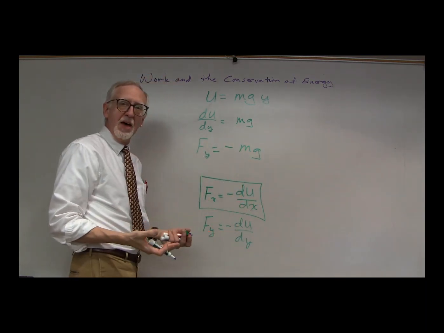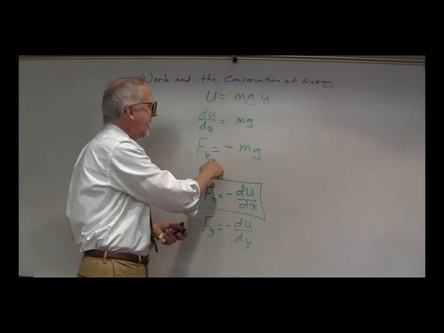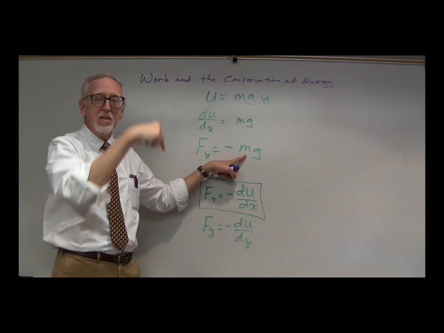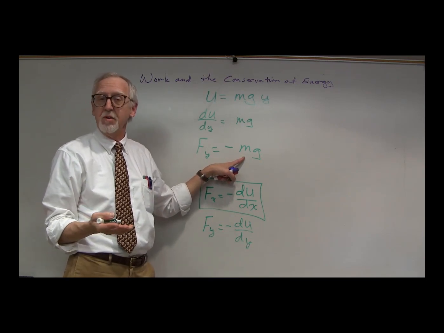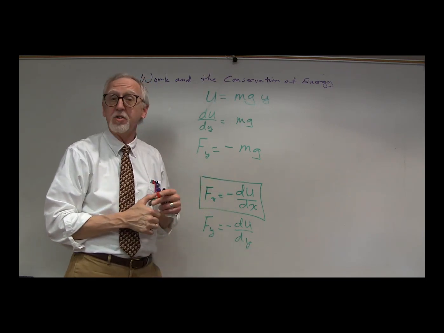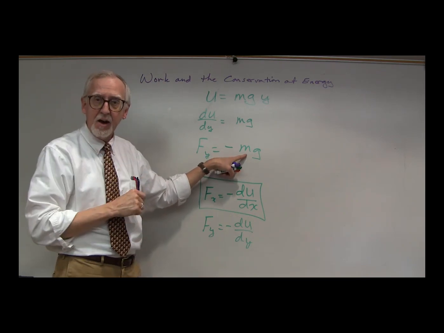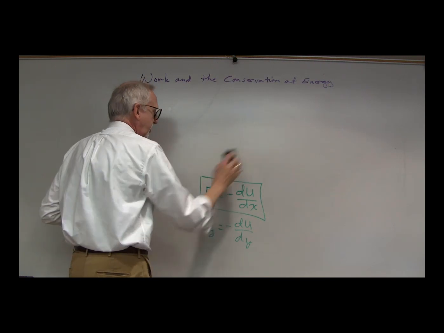Well, that is exactly right. That's just the negative of the weight, defining upward as positive, that gives us a weight in the negative direction, downward. But that's exactly what we had before. That's one of the first forces we were looking at, the gravitational force. It's just the weight acting downward. Well, that's perfect.